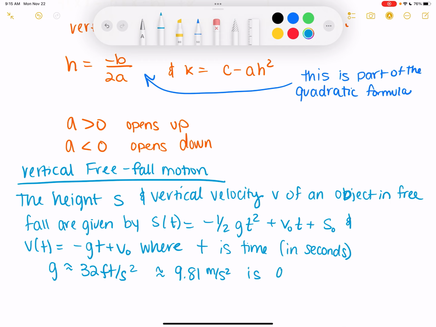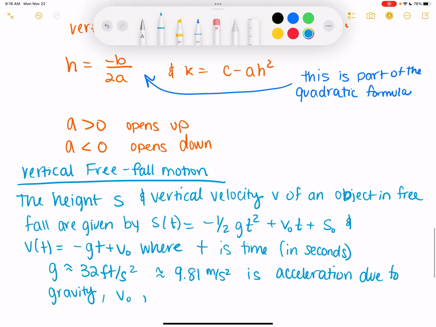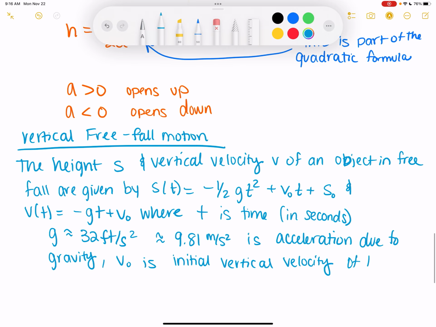It is acceleration due to gravity. v sub 0 is initial vertical velocity of the object, and s sub 0 is its initial height.